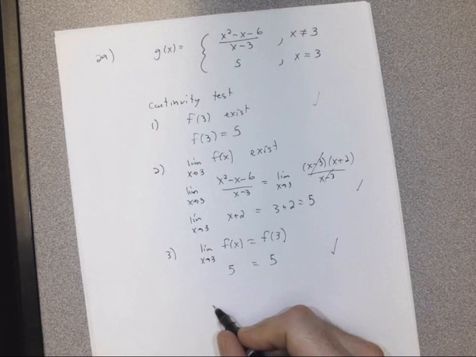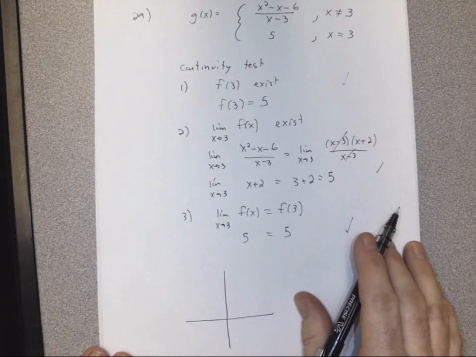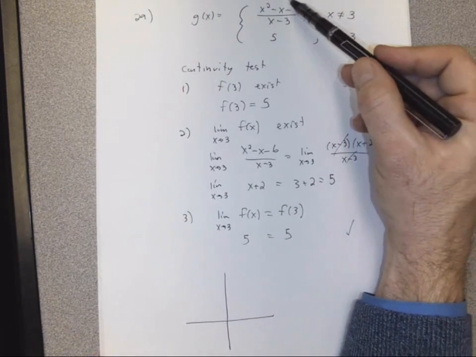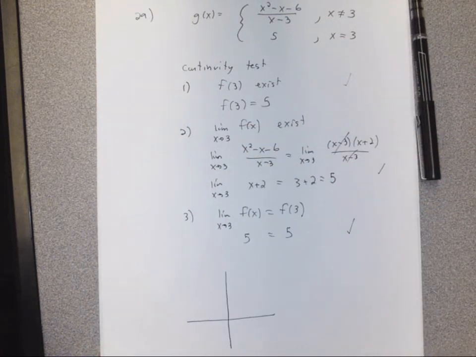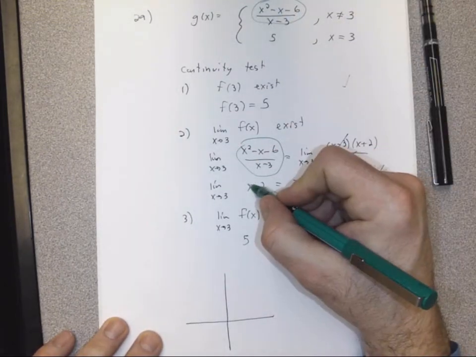All right, graphically what happened here? Graphically, other than at 3, this function simplifies to x plus 2.